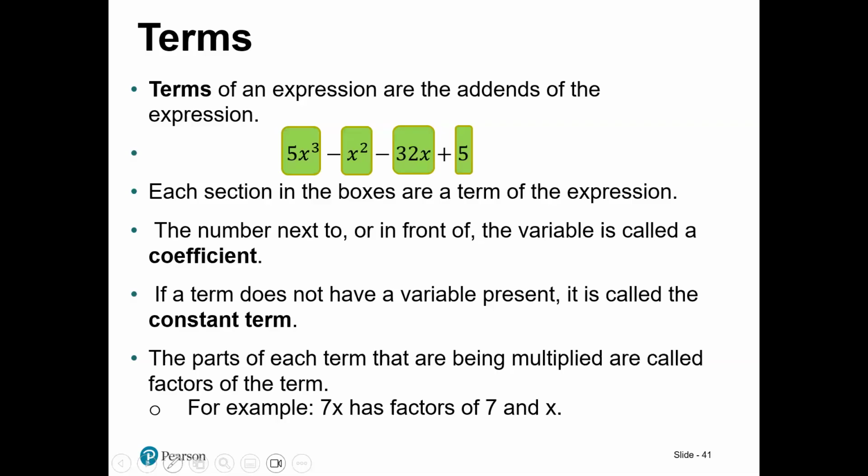Terms. The terms of an expression are the addends of the expression, meaning the parts that we're adding and subtracting. So each one of these parts, the 5x cubed, x squared, 32x, 5, those are all called terms.